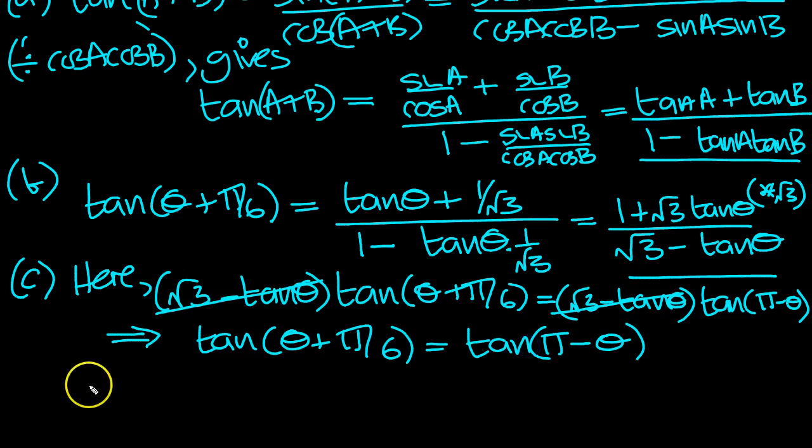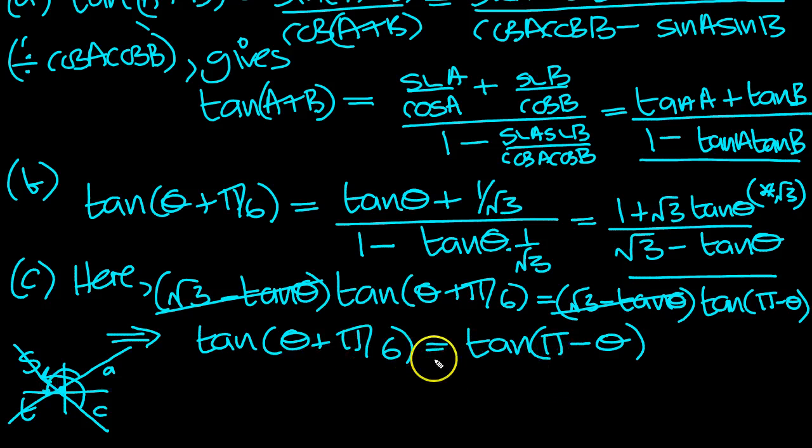Now when two tangents are the same, if we look at a sketch, the tangents CAST, what we get is if the tangents are the same and they're both positive, we draw a line through here. So they differ by a pi, don't they? And when they're both negative and both the same value, the tangents, again they differ by a pi.